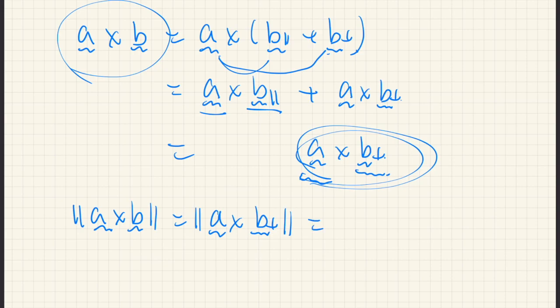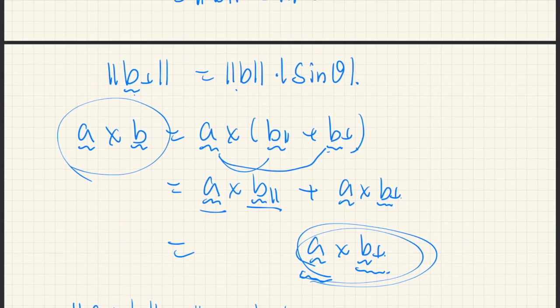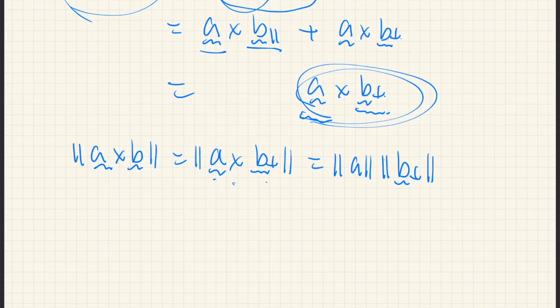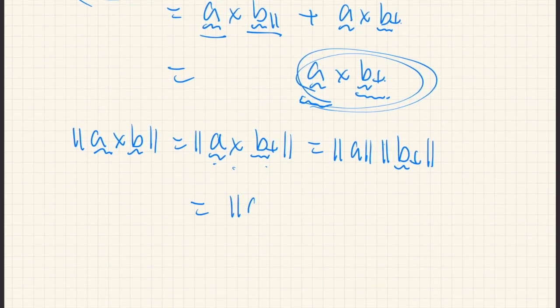Since these two vectors are perpendicular to each other, this is just the product of the norms of A and B perpendicular. But the norm of B perpendicular is this, so this is equal to the norm of A times the norm of B times sine theta. And we are done.